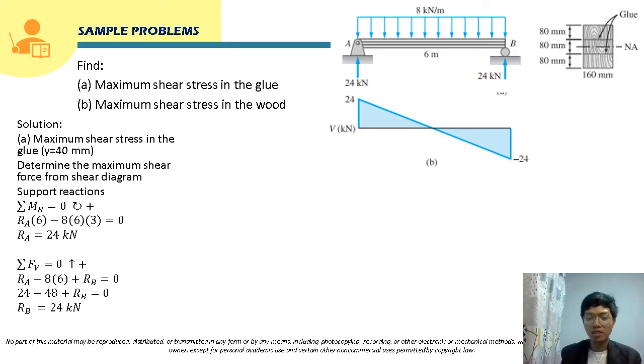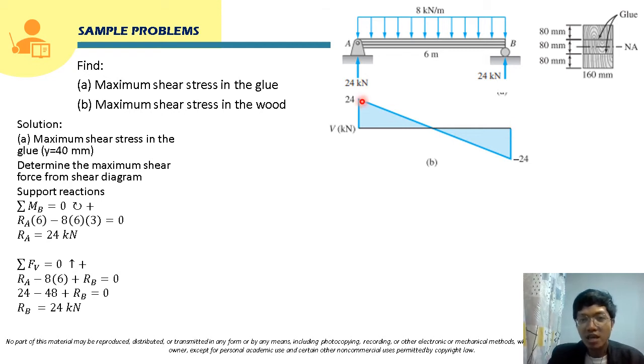So it will be 24 minus 8 times 6, which becomes negative 24 here. The absolute value of this should be equal to the absolute value of the reaction at point B, which is also 24. So our shear diagram closes, and we can say it is correct.